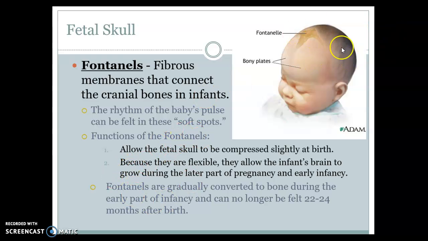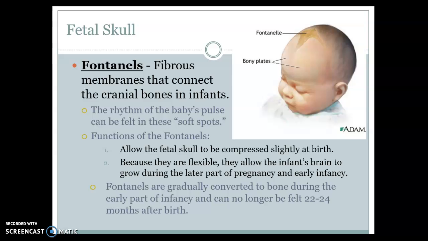So it has that hyaline cartilage still, and you can actually feel the pulse in there because it's got blood flow going through there, and they gradually convert it to bone. And by the time they're almost 2 years, somewhere between 1 and 2 years, you won't really feel those fontanelles anymore. The skull will be pretty solid at that point, which it needs to be, because that baby's going to be active and it needs to have that protection.